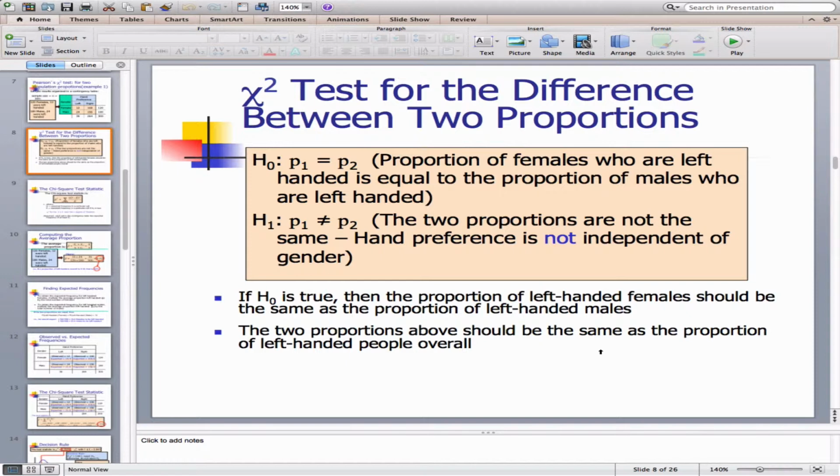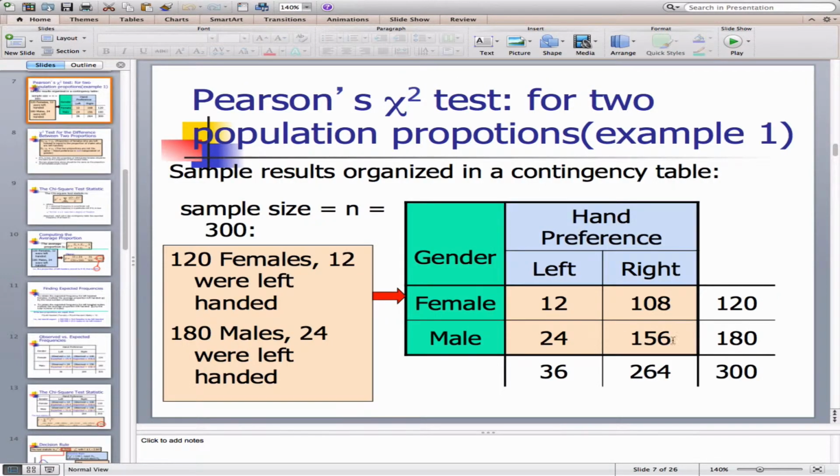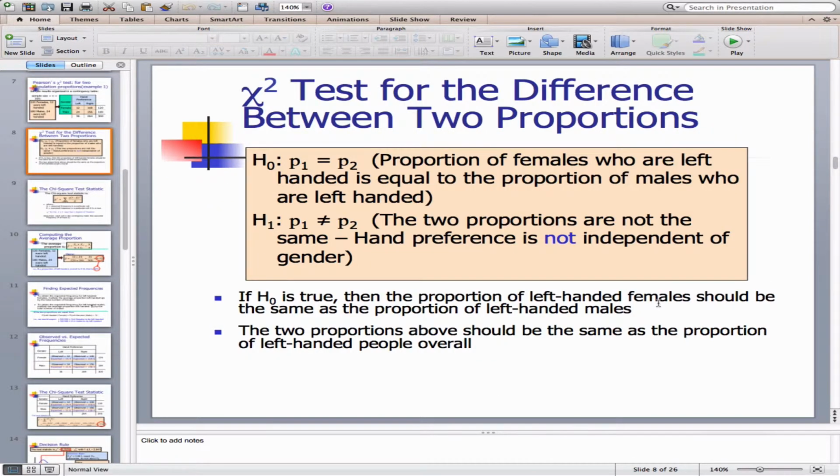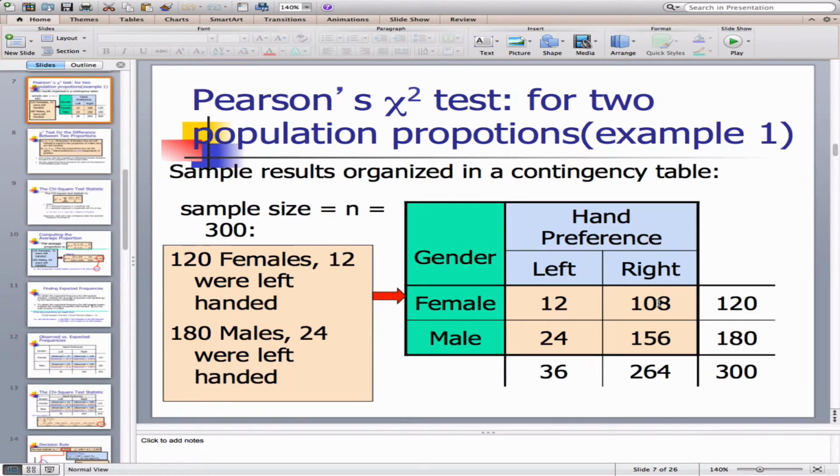P1 stands for the proportion of female who are left-handed, and P2 stands for the proportion of male who are left-handed. So if you look at this table, P1 means among all the left-handed people, what is the proportion of female?